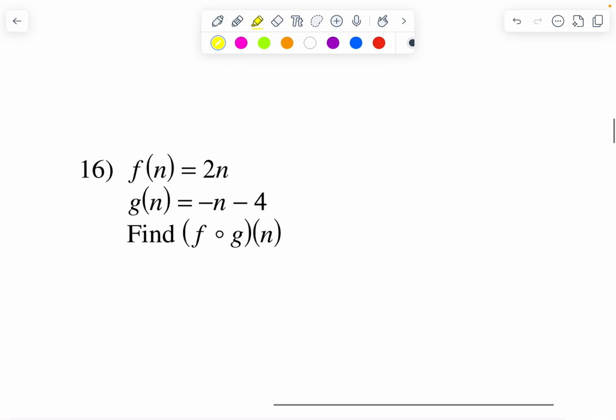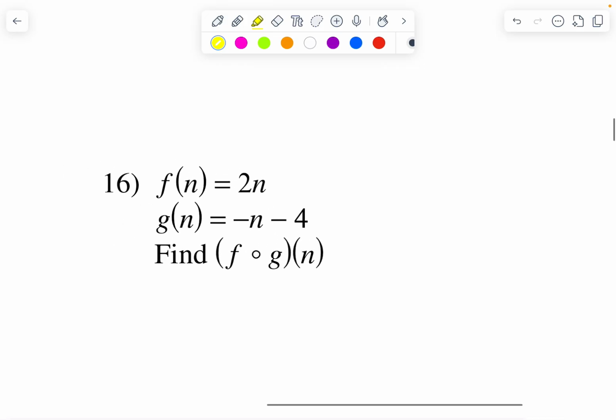Number 16, f of g of n. What this means is that you're going to put g into f. So you have to solve g first. So we have negative n minus 4 is g, and we have to plug that in to f.